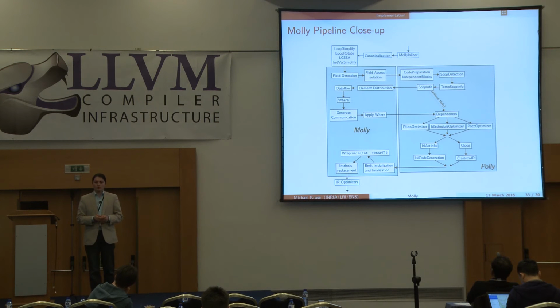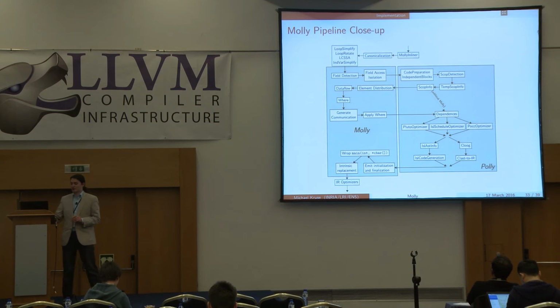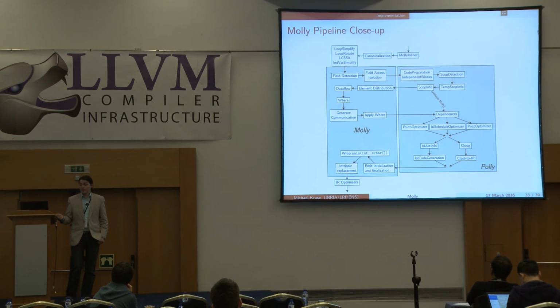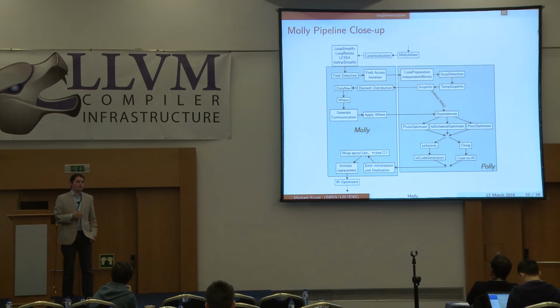Polly would look for what the loop structures are, and extract the scop information that we want to modify in this particular representation. If we would not run with Molly, Polly would just continue to analyze this, get the dependencies, and generate code from it.